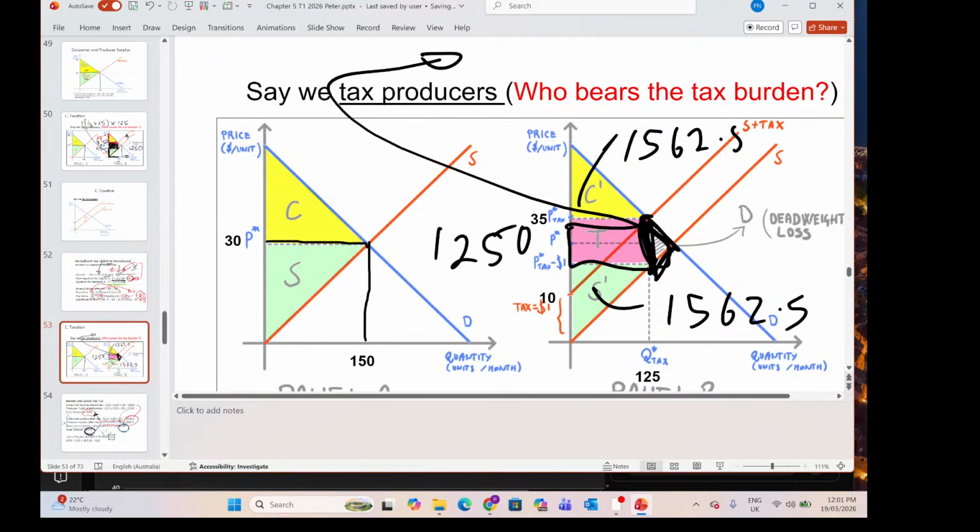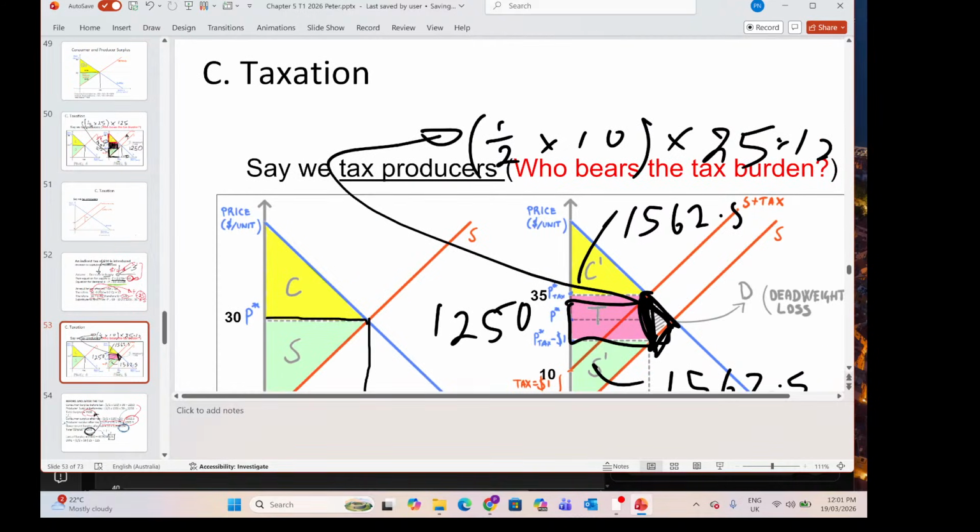So the vertical distance is 10. So I'm simply going half times 10. That's 5, isn't it? Right, so that's 5 multiplied by 25. And that will give us our 125.